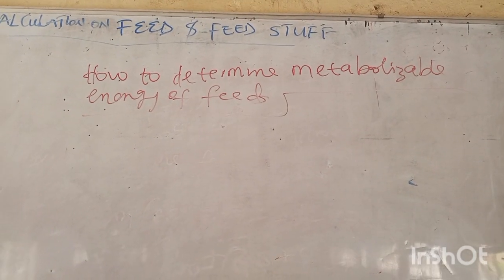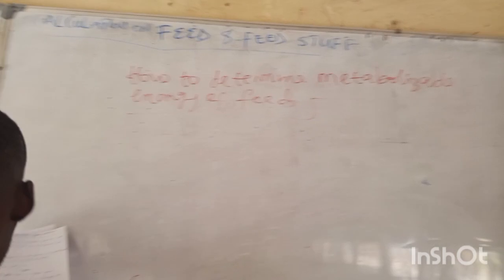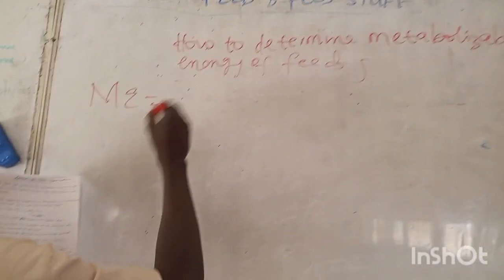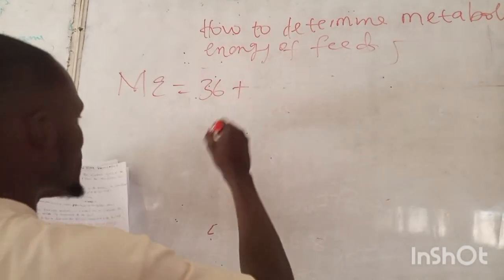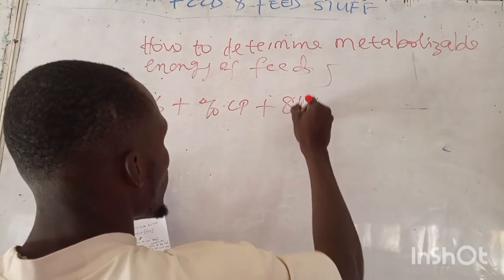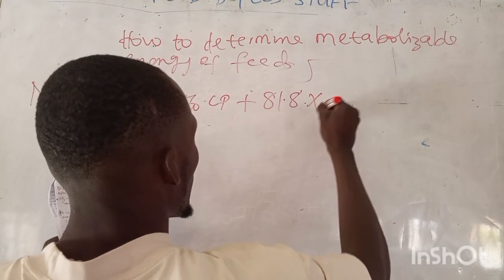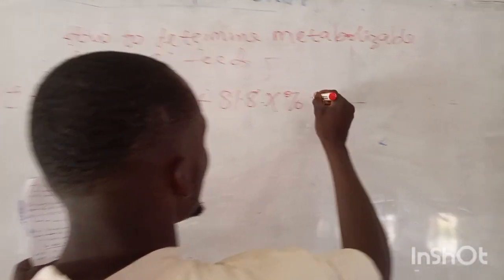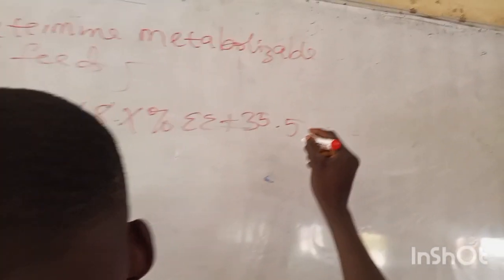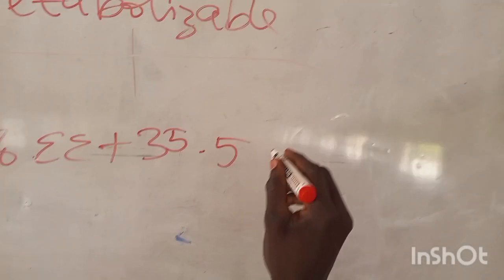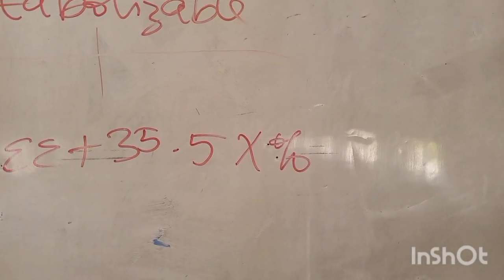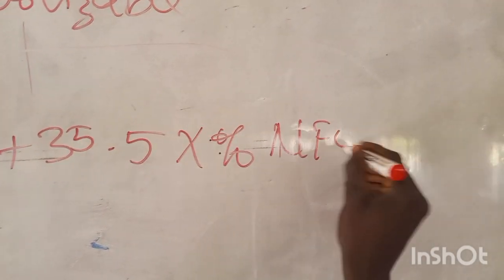Now, according to Pozenga in 1985, we say that ME, which is the metabolizable energy, is equal to 36 plus percent of CP, which is your crude protein, plus 81.8 times percent of your ether extract, plus 35.5 times percent of your NFE.